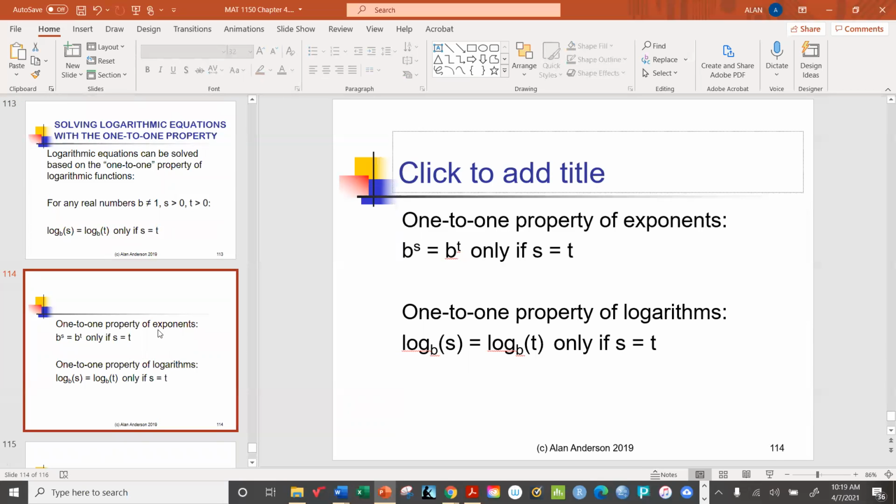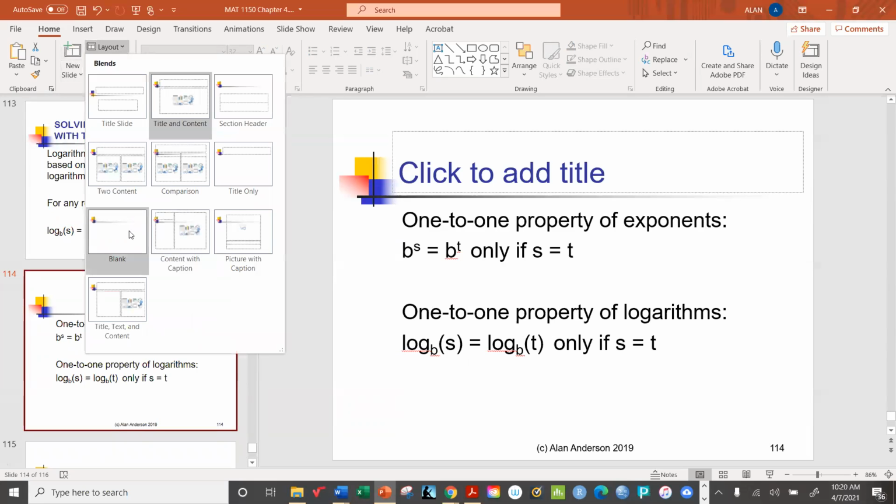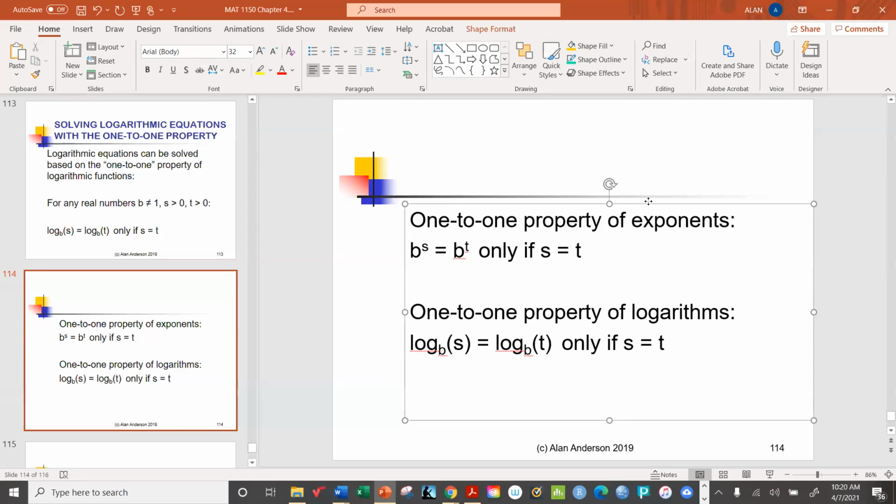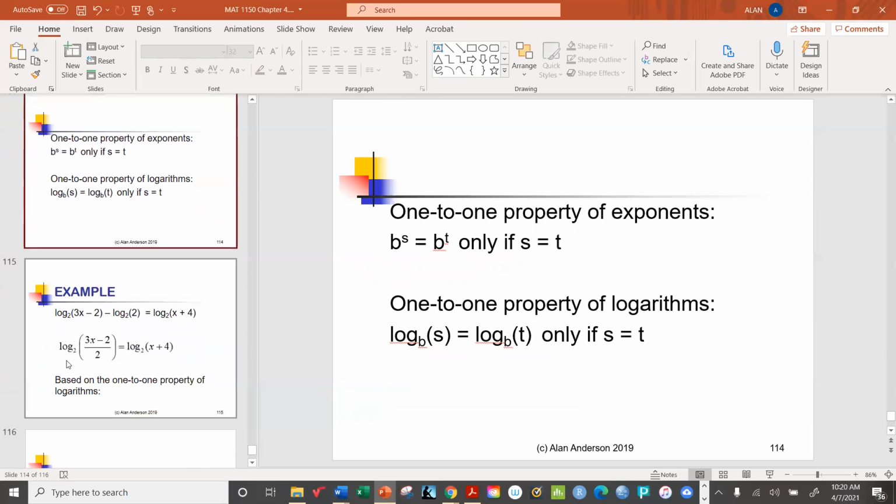All right, so what this is saying is that now with logs, these two logs will only equal each other because they have the same base. They can only equal each other, of course, if s equals t. So how does that help us? Well, let's look at this one.